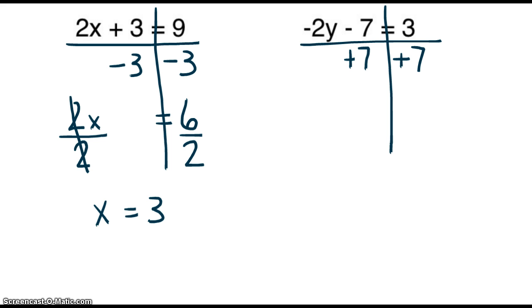That leaves us with negative 2y, negative 7 plus 7 equals 0. And that equals 3 plus 7, which gives us 10.